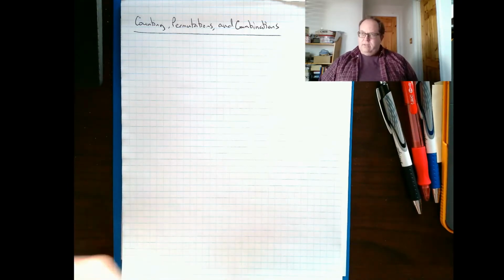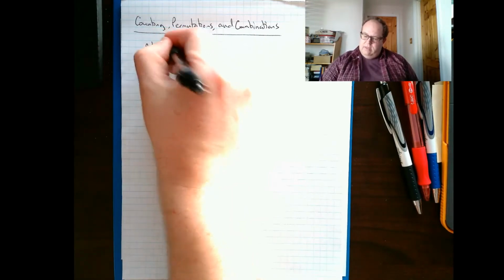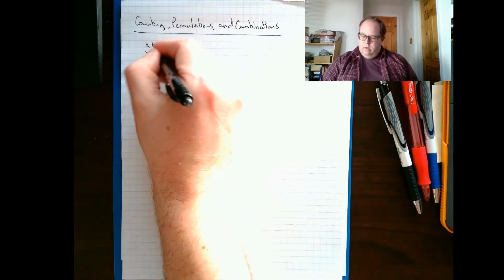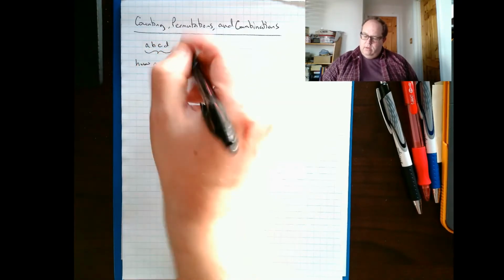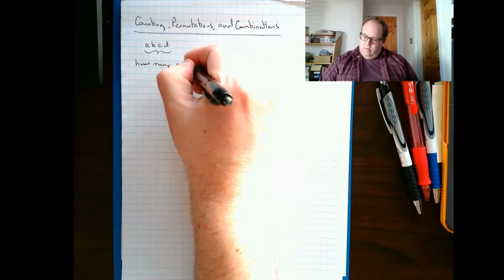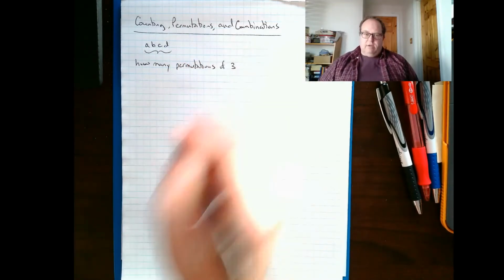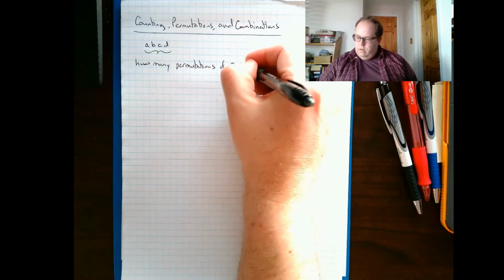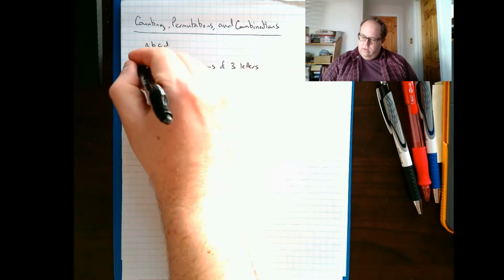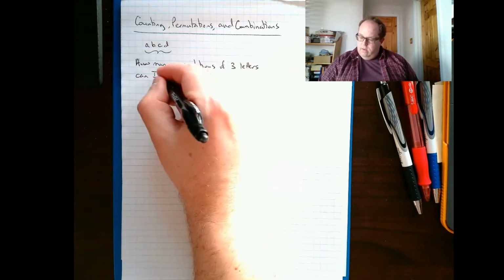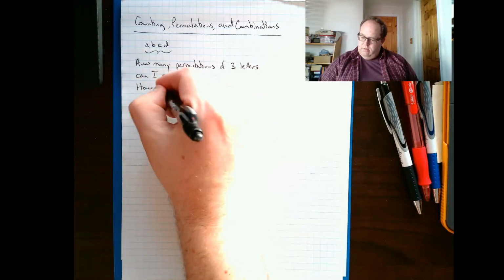So I'm going to start by asking a question. If I've got the letters A, B, C, and D, how many permutations of 3 letters can I make? And how many combinations of 3 letters?